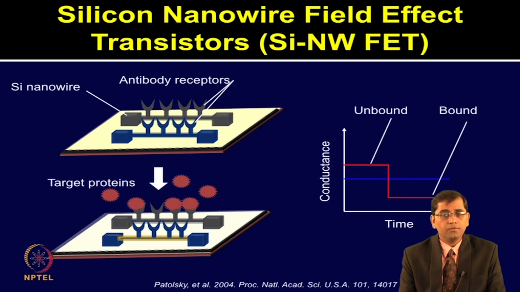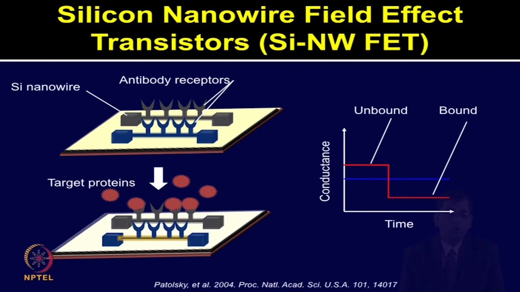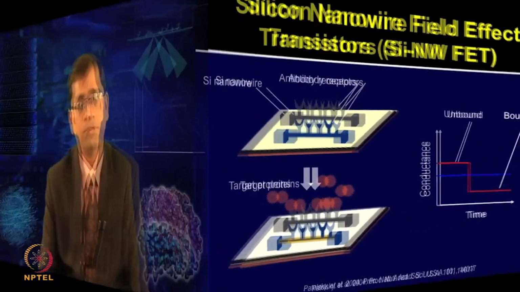As you can see in the graph on the right hand side, conductance is plotted on the y axis with time on the x axis. From the unbound to bound state, there is change in conductance, which is measured to study biomolecular interactions.